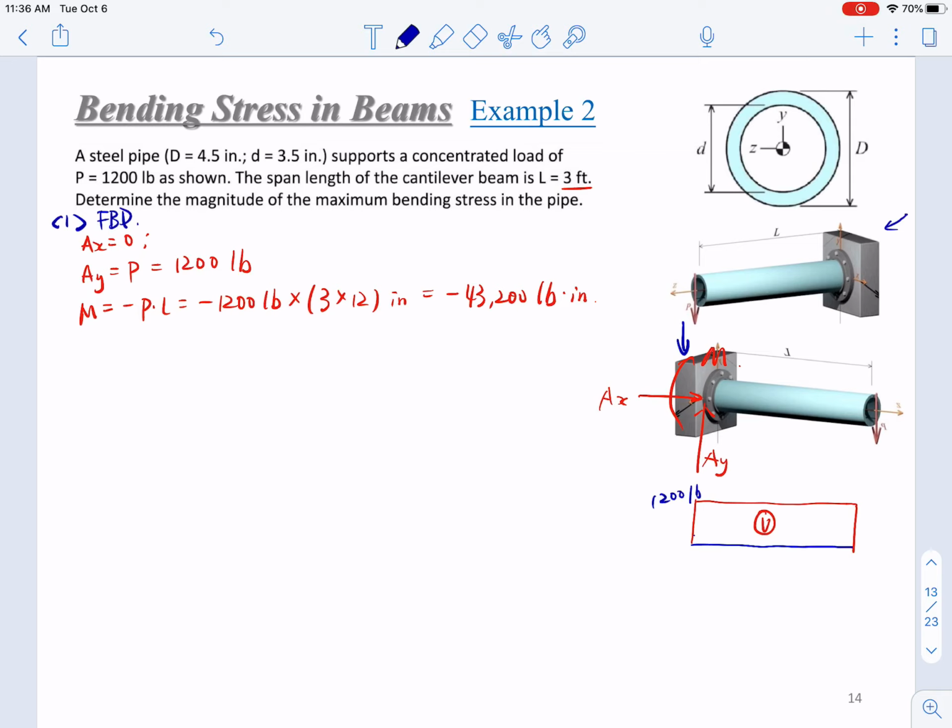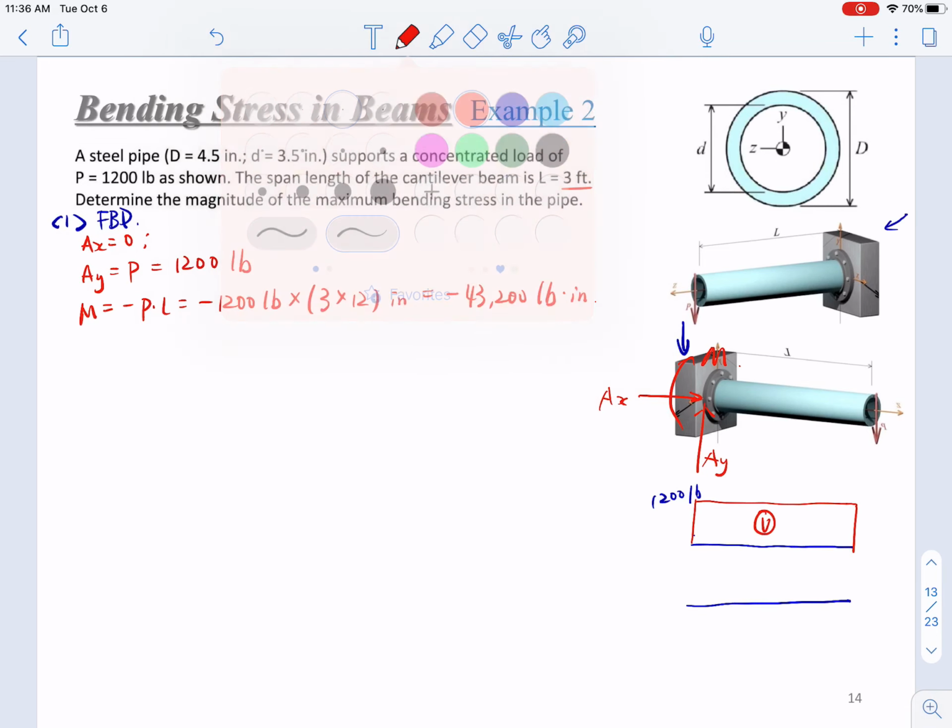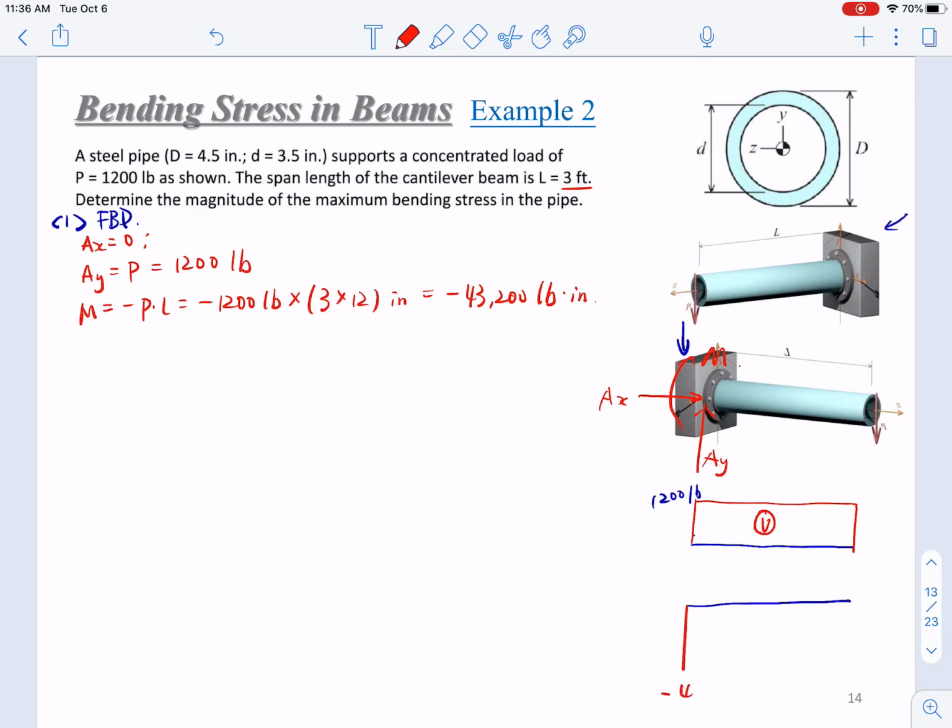Then the moment diagram: the value at the left end will be negative 43,200 pound-inches. Then from here to the right end will be a straight line to connect it. This is our moment diagram.